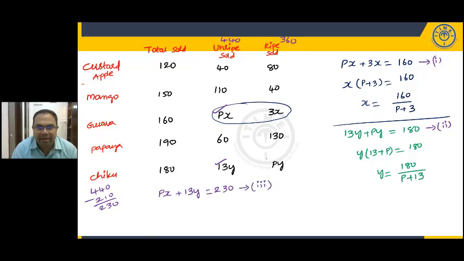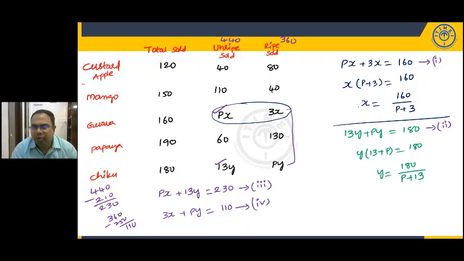Next, if I add these two, 3x plus py is equal to, what is the total ripe sold? 360. Subtract the remaining 120, 130, 250. 360 minus 250, it has to be 110. Right?